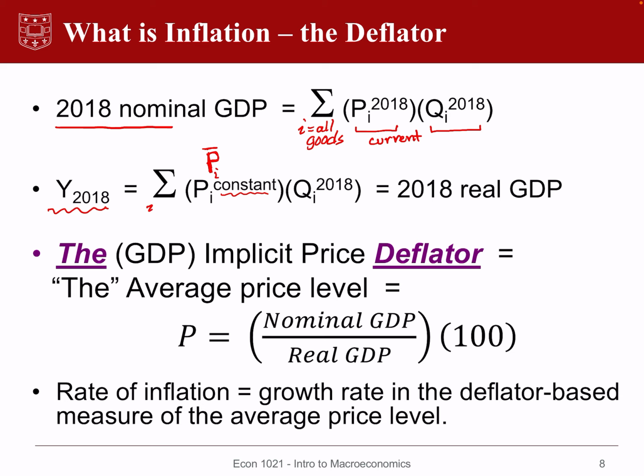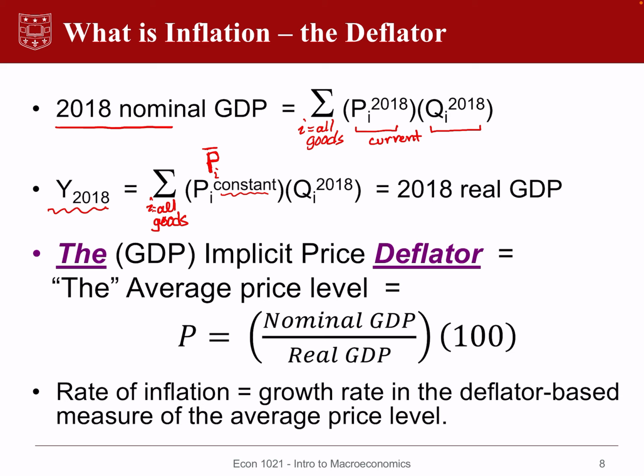So again, we're summing over all of the goods. So i is all goods and services that the domestic economy produces. We establish what the individual average price is, and multiply that by its corresponding quantity. As we did for Al, it was 4.50 times the number of shoes that were shined. And we do that across all the goods and services and add it up, and that gives us real GDP.